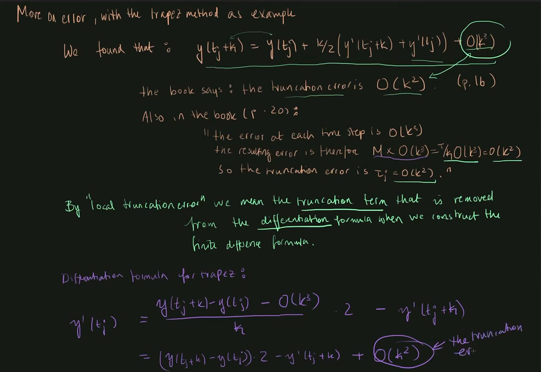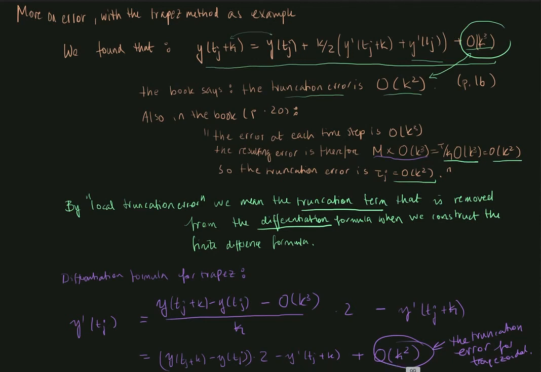So whenever we talk about a truncation term or a local truncation error, then always find it by first isolating the derivative in question and then locating the term that we remove in order to construct our finite difference formula.